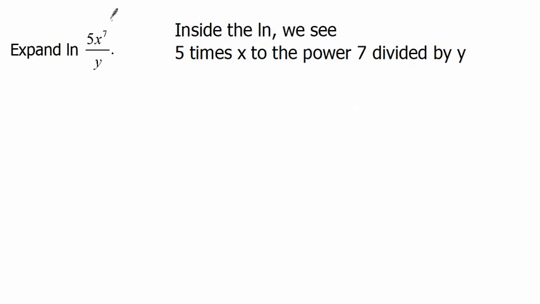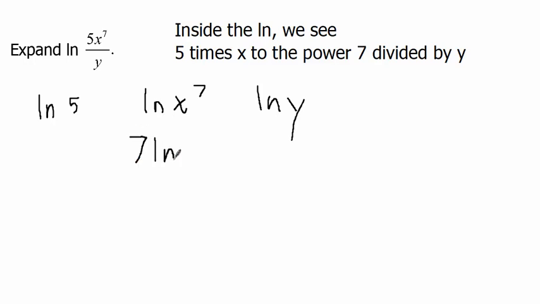Again, we think about everything that's inside, because this is ln. All of these terms are going to be replaced with ln. So I'm going to do ln of 5, ln of x to the 7th, and ln of y. When I see the power, remember the power comes in front.